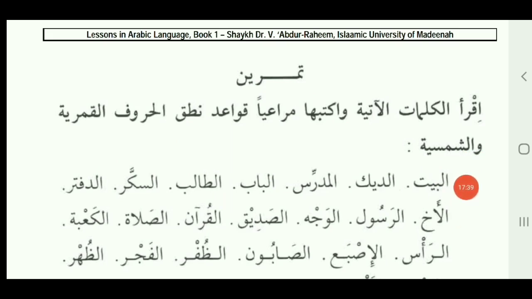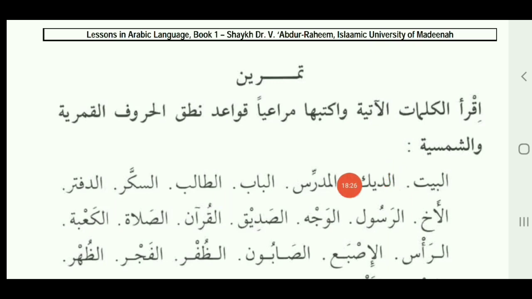Here we say al-baytu, the house. That is, you pronounce the lam because ba is among the qamariyya. And ad-diku, you never pronounce the lam here because dal is categorized to be among the shamsiyya letters.